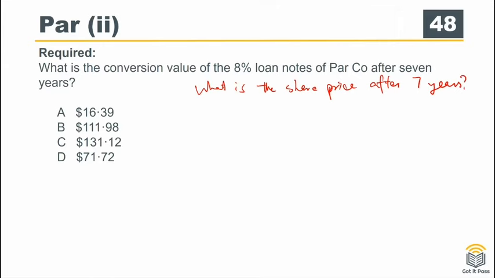What is the share price after 7 years? It is assumed that the share price will grow at 6% per year, and the current share price is $10.90 per share.